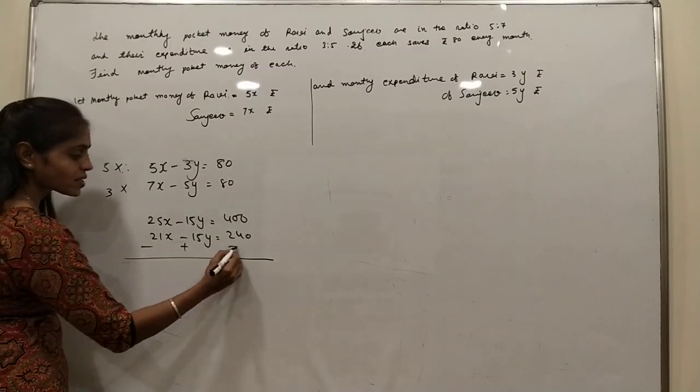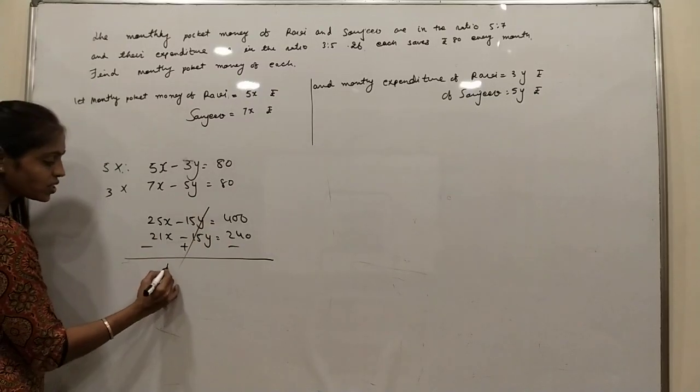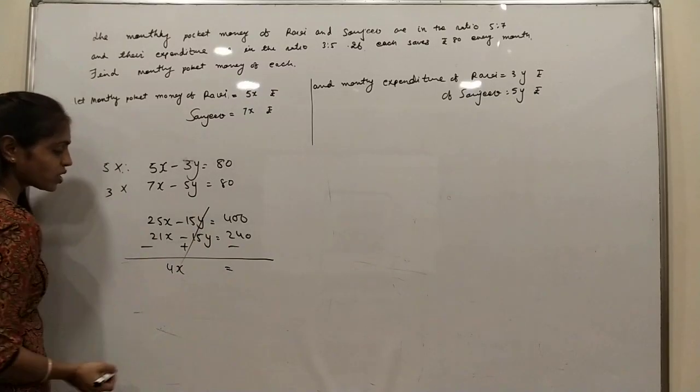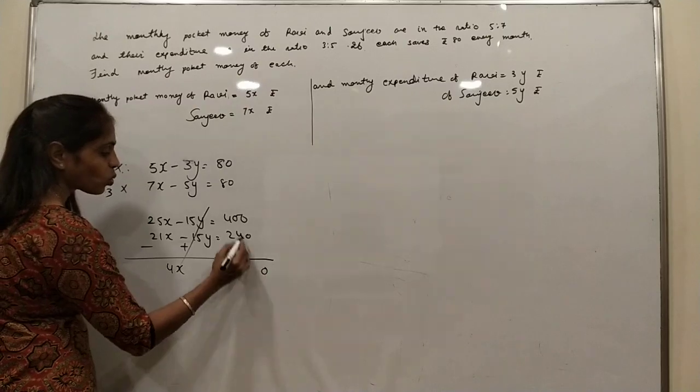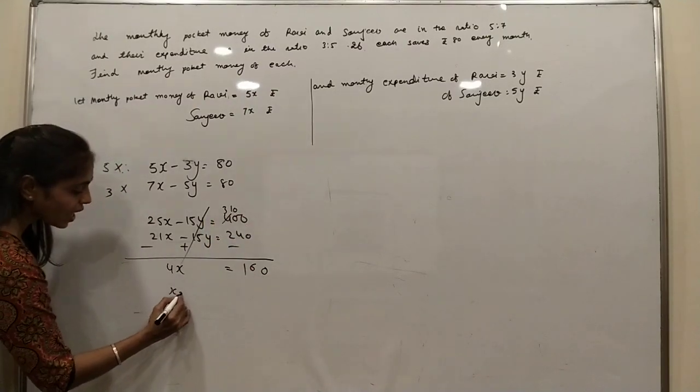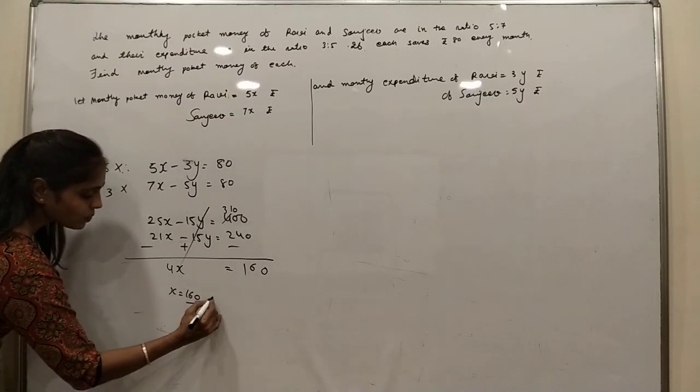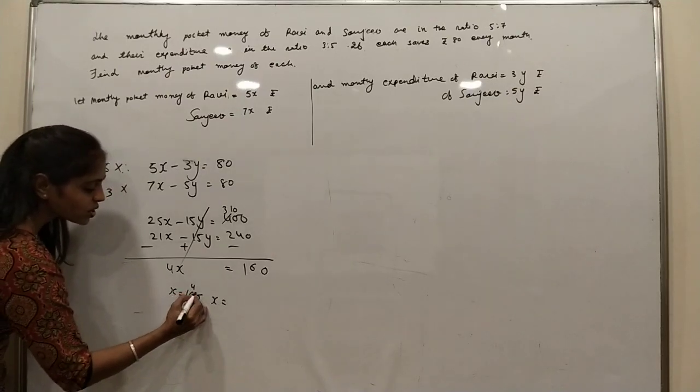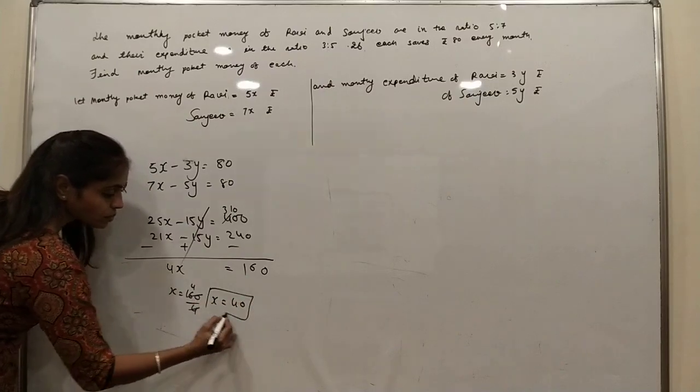This minus, plus and minus. 25 minus 21 is 4x and 0. 40 minus 240 is minus 200... so x is 160 by 4. So x is 40.